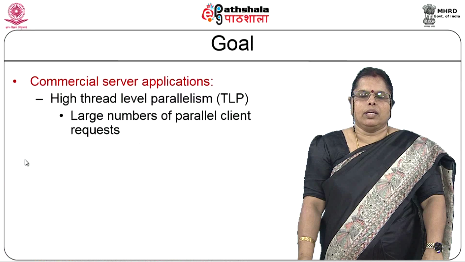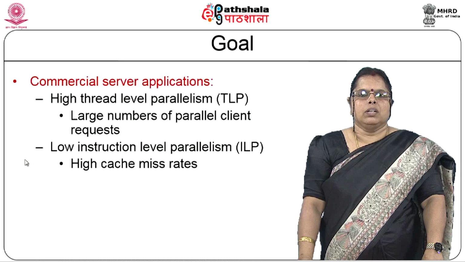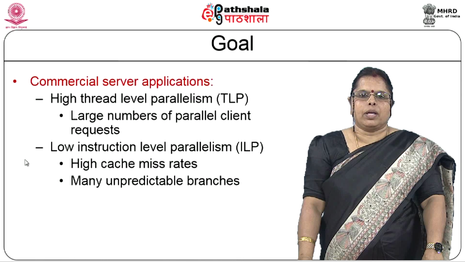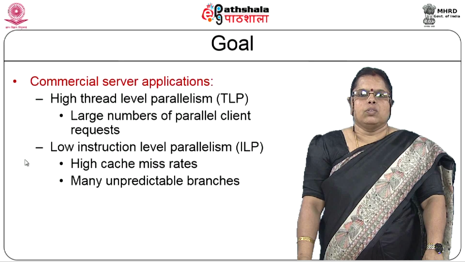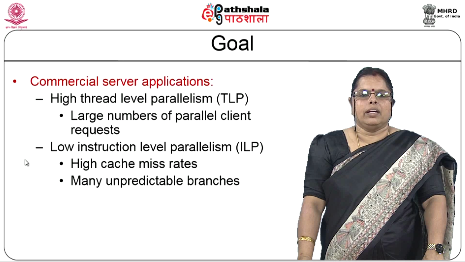When you look at the Niagara processor or the UltraSPARC T1 processor, they were brought into the picture because they wanted to serve commercial server applications. Commercial server applications have a lot of thread level parallelism, with a large number of parallel client requests coming in, but the instruction level parallelism is very low.